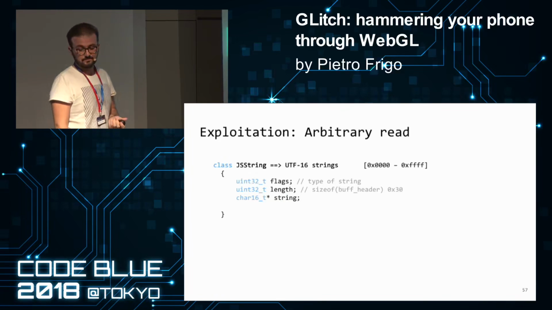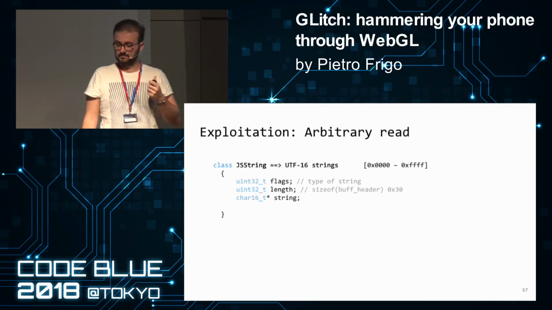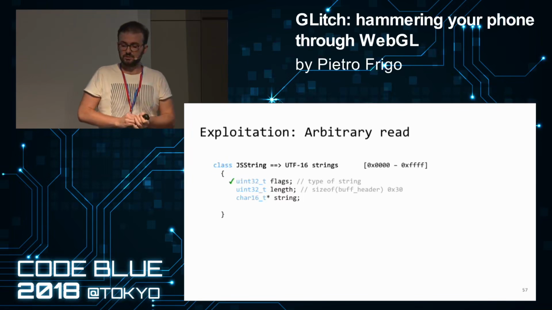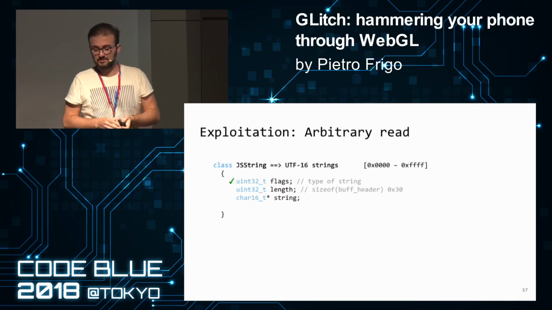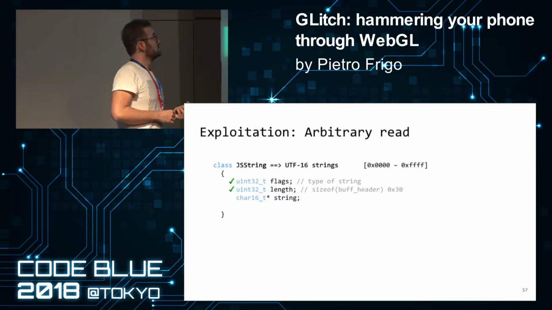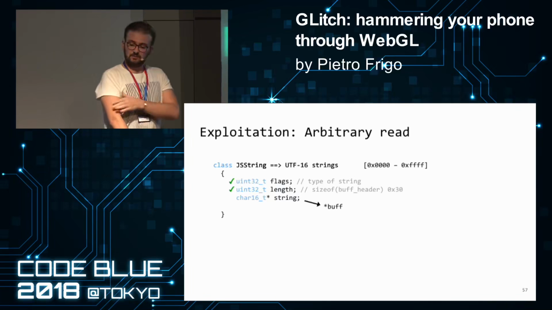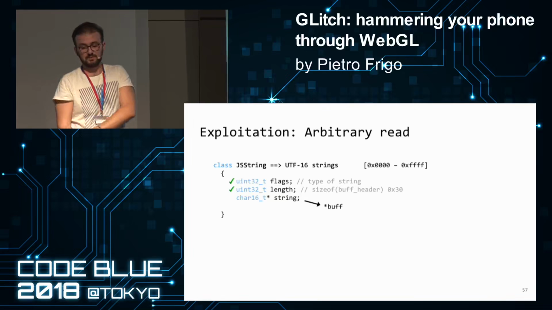Then a length, which is the size of the string, and then a pointer to the string. The first one is a constant, so you can put just an integer. Same for the length. And the pointer to the string is clearly the pointer to the header of the buffer, which you can leak with your type flipping primitive.